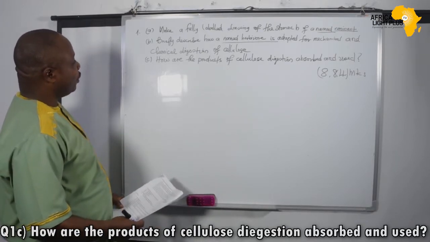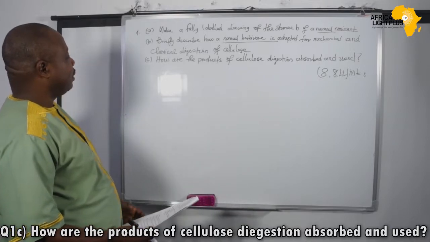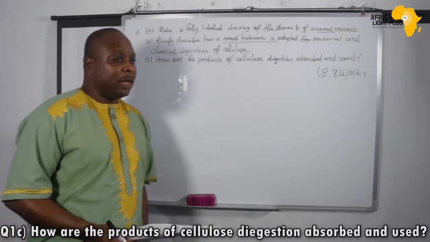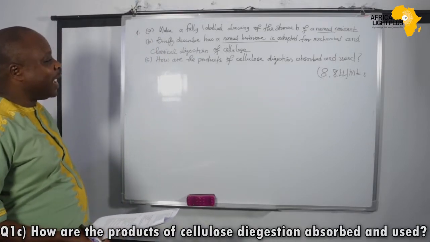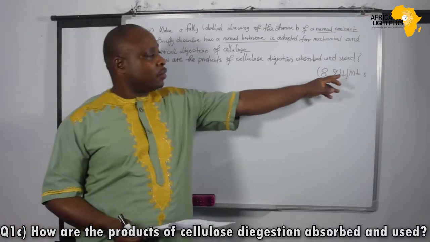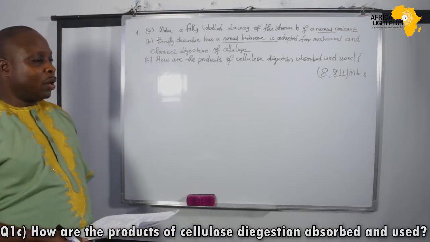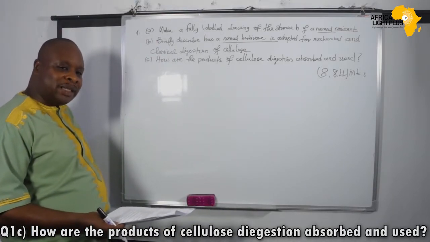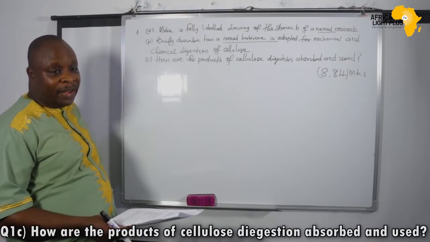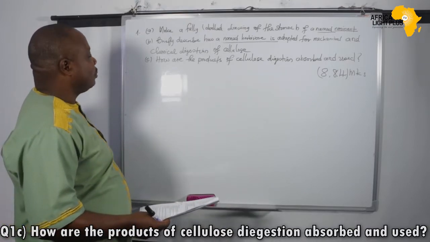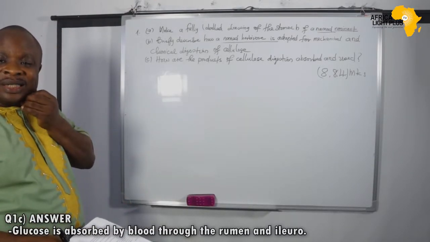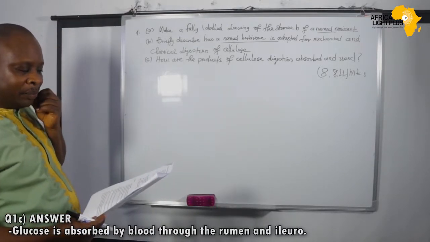You look at the mark allocation of C. The mark allocation says 4 marks. In other words, you need to write 4 points. If you have more than that, good and fine. So we're going to give 4 points and above.